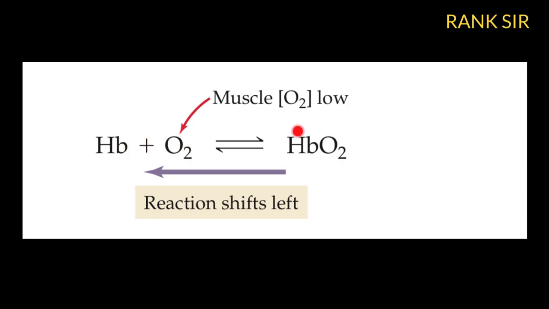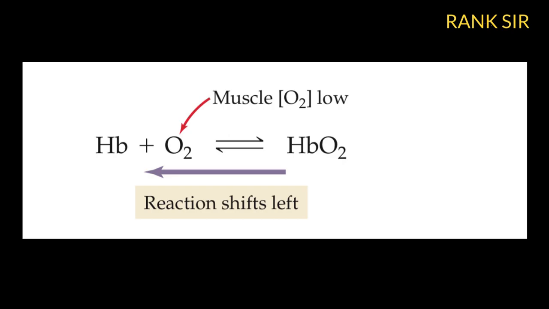Muscles have a low oxygen concentration, therefore the reaction shifts in the backward direction.